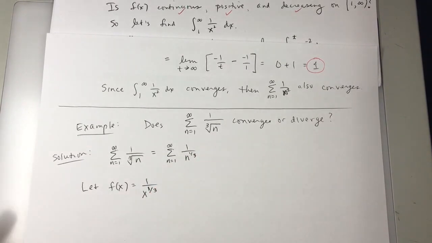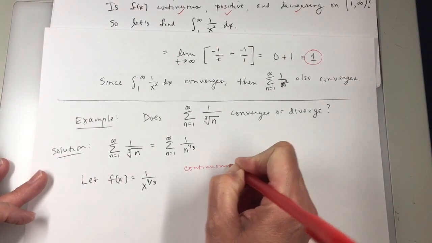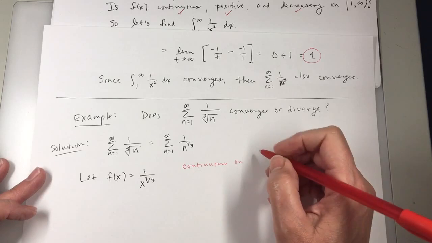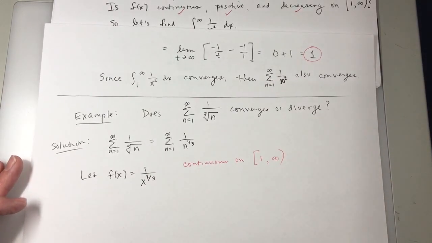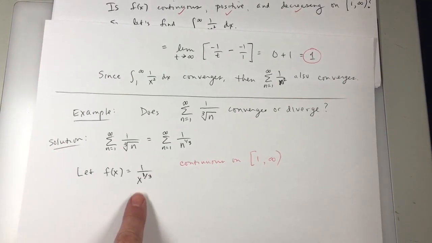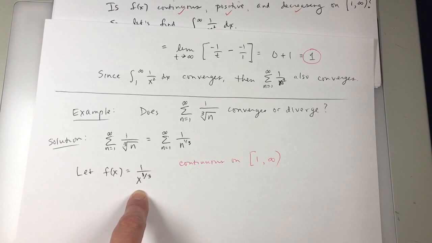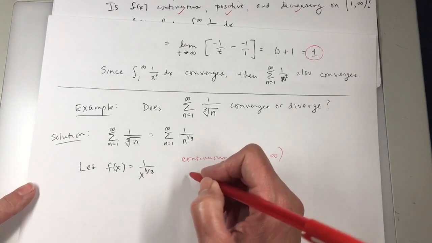Is f of x continuous on the interval from 1 to infinity? Where is it discontinuous? At 0. So it's continuous from 1 to infinity. Is it positive?